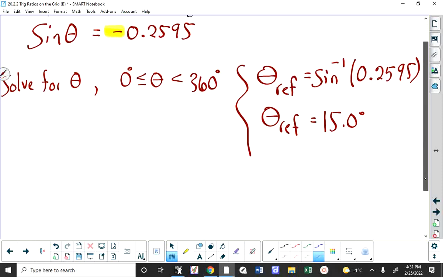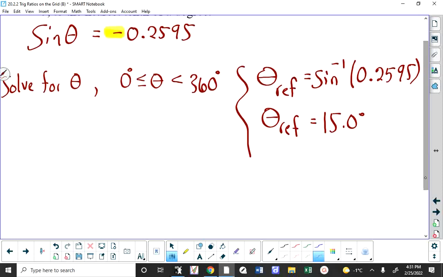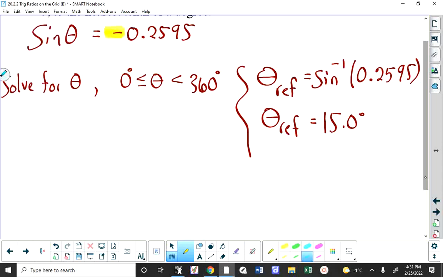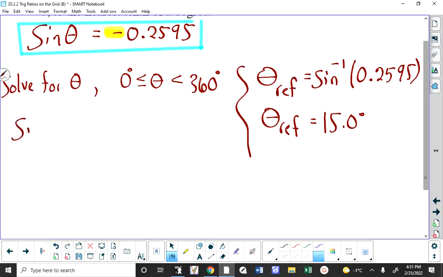Then what you're going to do is look at the original question, and I'll highlight the original question for you. And you ask yourself which quadrants the rotation angle could be in. Now we're going to notice that in this question it says sine of theta is a negative number.